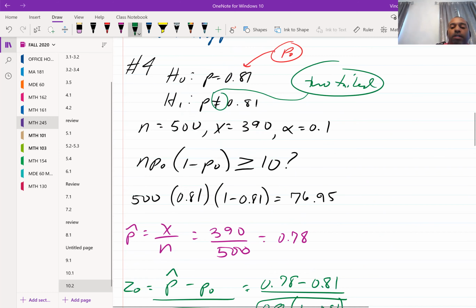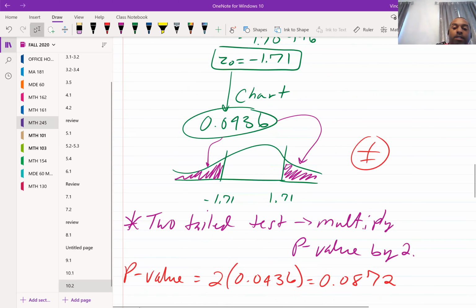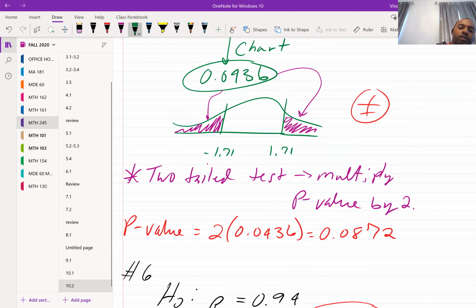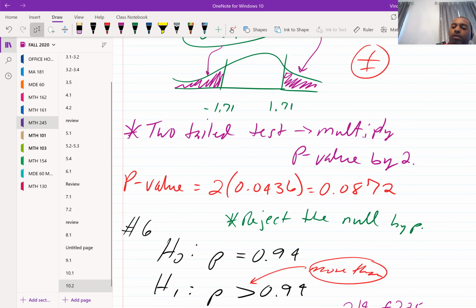0.1. Since this is less than the 0.1, we actually will reject the null hypothesis. So reason being is, P-value is less than alpha.